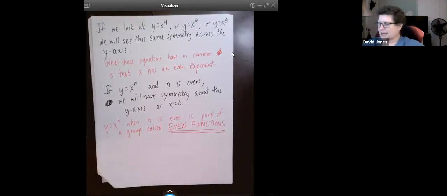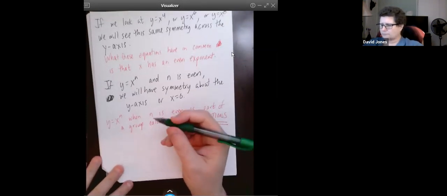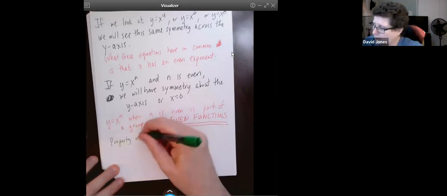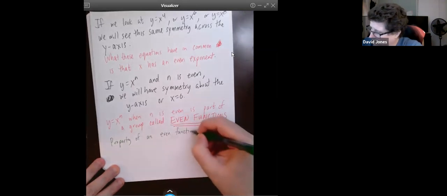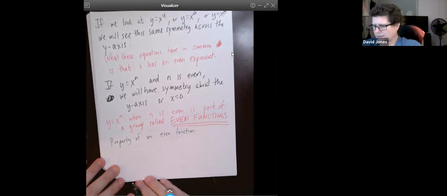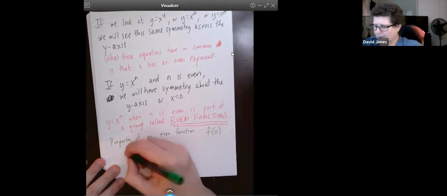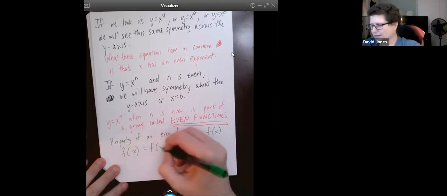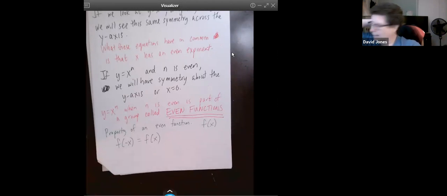An even function has the following property. Normally we have f of x. If I put in negative x inside it, it has the same value as y equals f of x. That's what makes a function even.